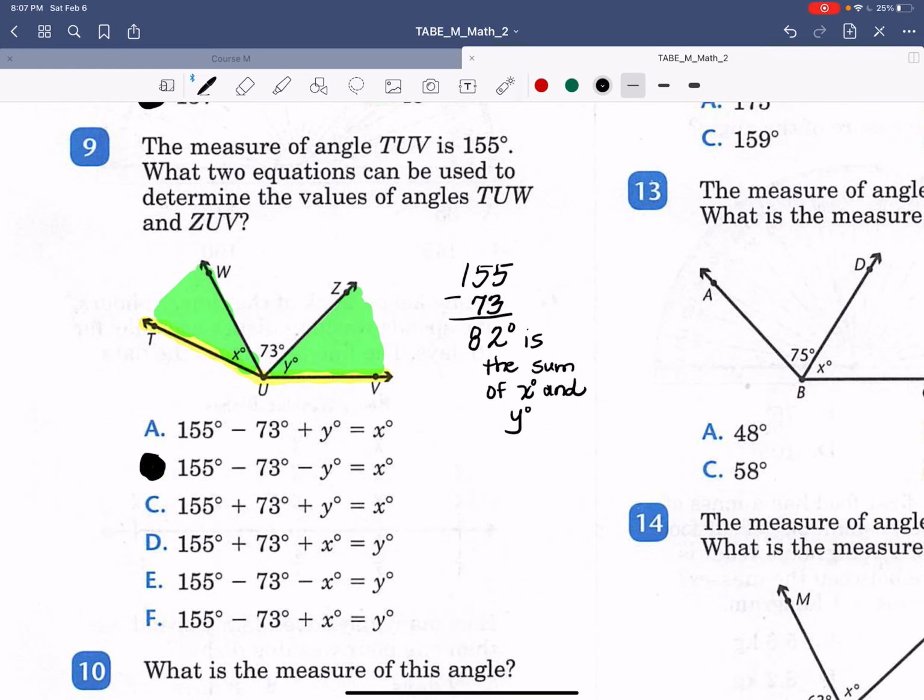If you take your total, you subtract the 73 and the Y, you will end up with your X. The same is true for E. If you take your total, you take out the 73, then you take out the X, you would be left with Y degrees. So for number 9, we're looking for B and E.